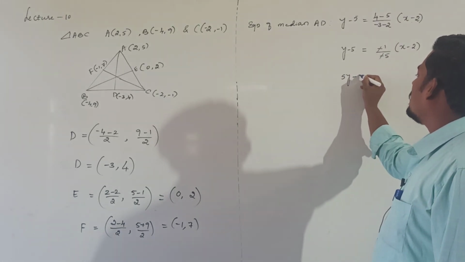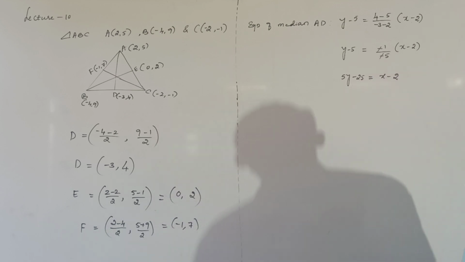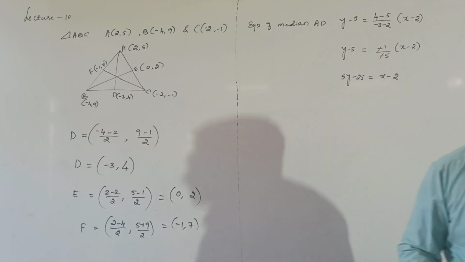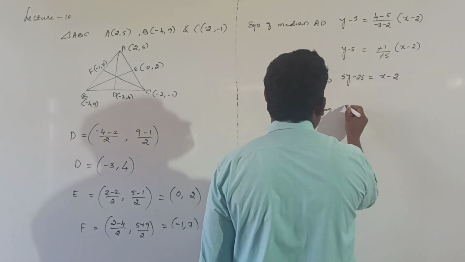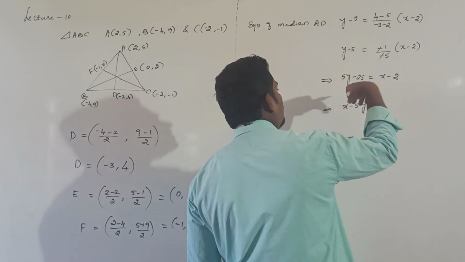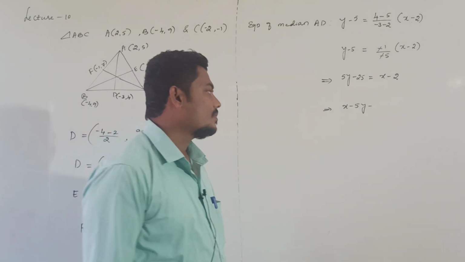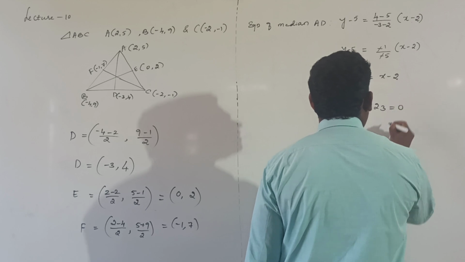So 5y minus 25 is equal to x minus 2. Just rearrangement. Then it will be x minus 5y. This minus 25 becomes plus 25, means minus plus 23, right? This is equal to 0.